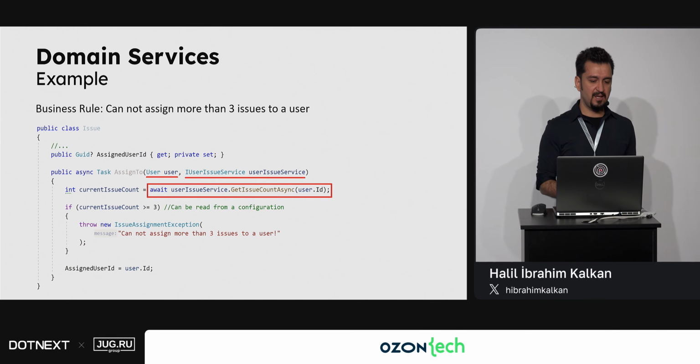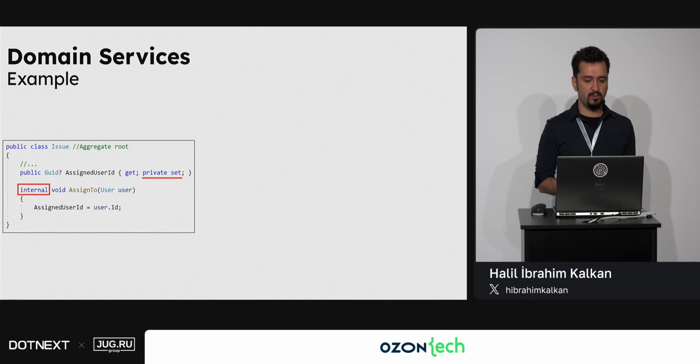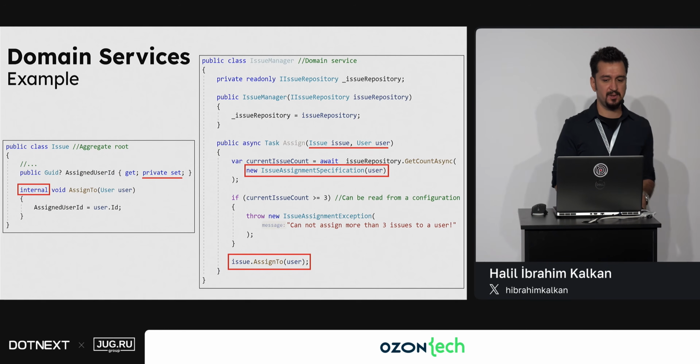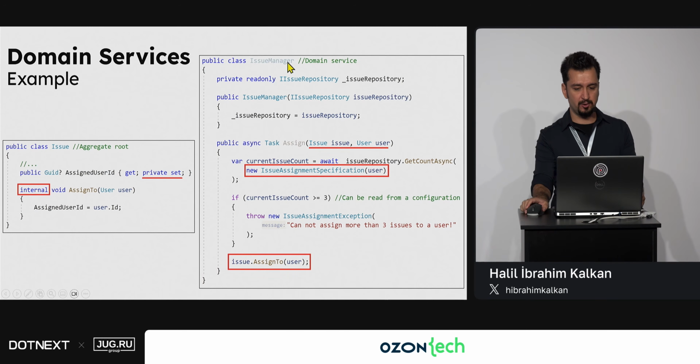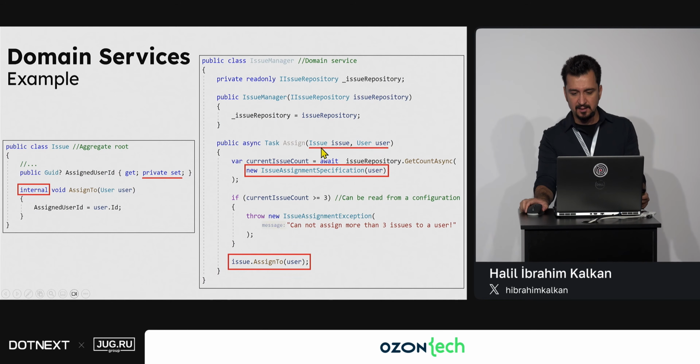So instead of getting this as a parameter, we can move this to a domain service, like an issue manager domain service. In this domain service, we can just use the standard constructor injection to get external services, repositories, or whatever we need, and get an issue and user, just these parameters, and implement just the business rule.